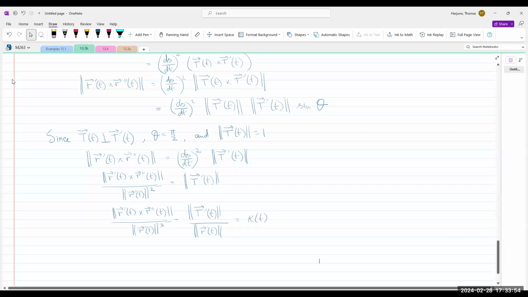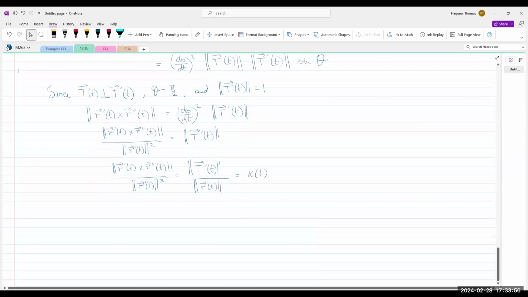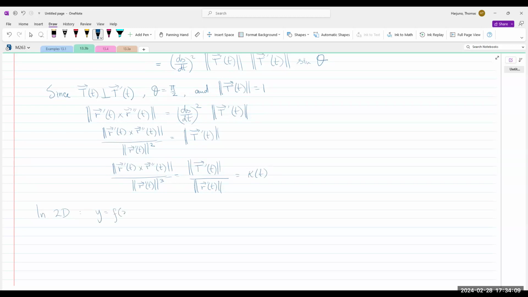If we only have a 2-dimensional curve, can we compute the curvature? And the answer is yes. In 2 dimensions, usually we have y as a function of f(x), right? Okay, it's only 2 dimensions. Now then you do augmentation.